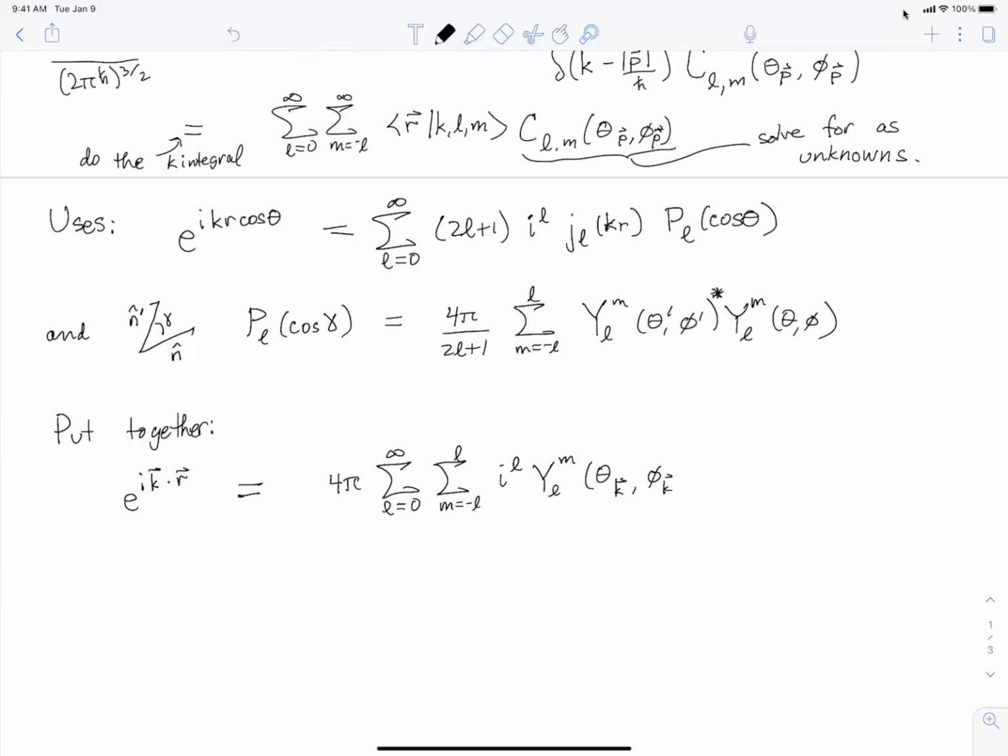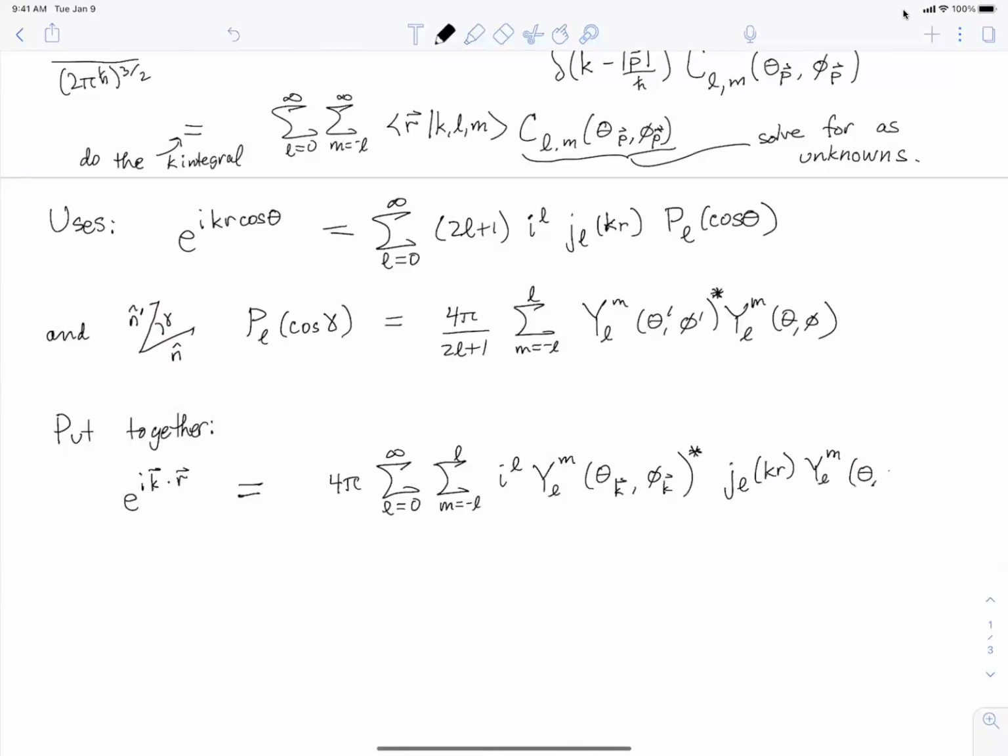So I'm putting a subscript on the angles to tell you that those are the angles of the k vector. I'm not going to forget my complex conjugate this time. And then there's the spherical Bessel function and the Y_lm of the r vector.